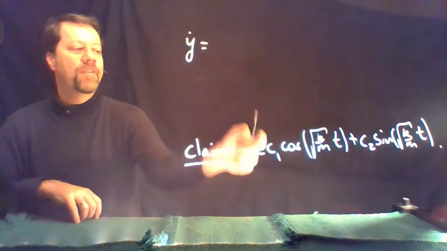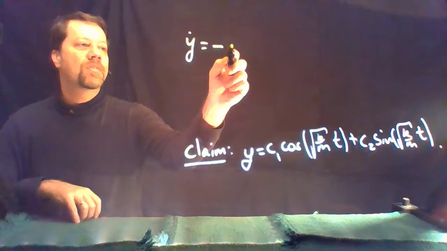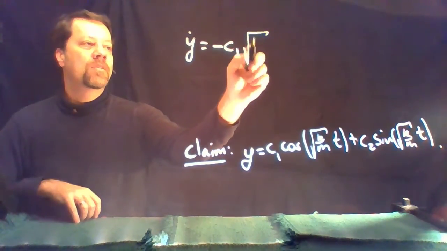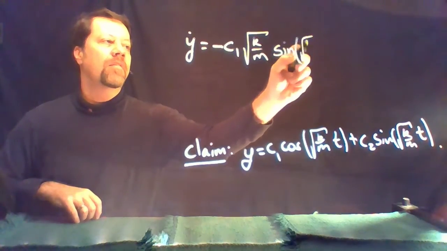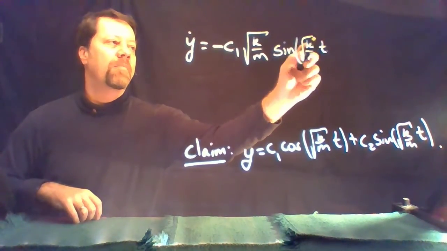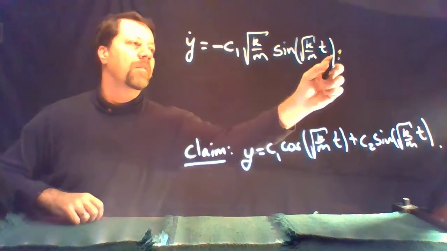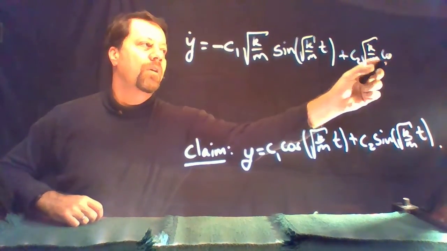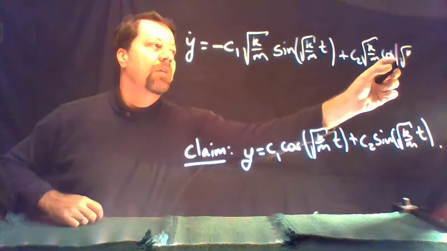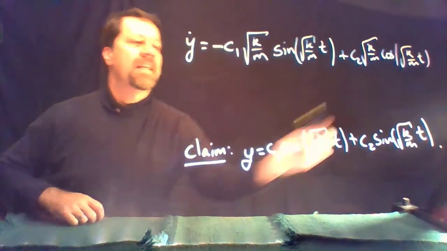The first order derivative will be minus c1 square root of k over m sine root k over m t plus c2 square root k over m cosine root k over m t.